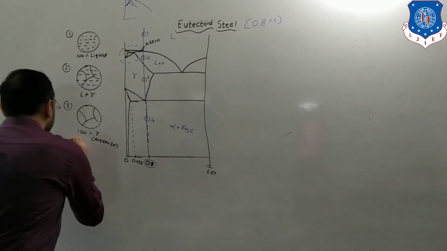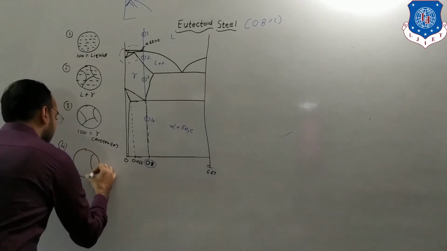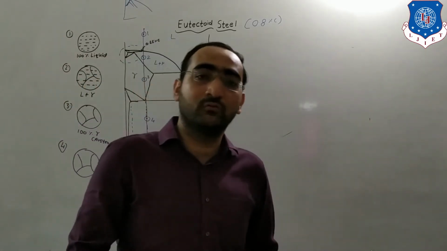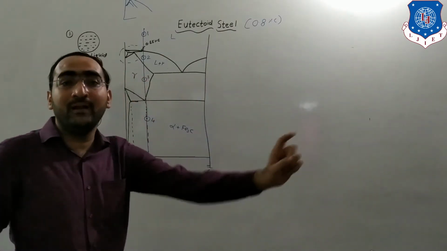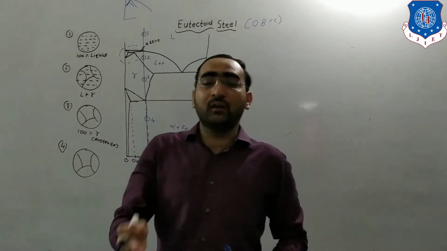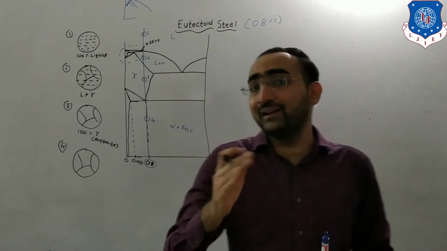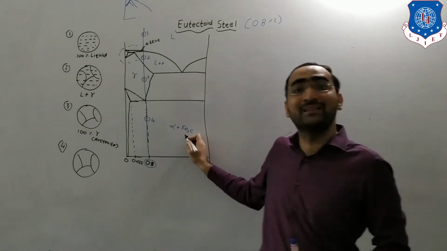So our fourth point falls under the area of alpha plus Fe3C. As we have gone through, at the critical point 0.8 the eutectoid reaction occurs, and that eutectoid reaction gives you 100% pearlite. So the pearlite region is obtained; this alpha plus Fe3C is known as pearlite.